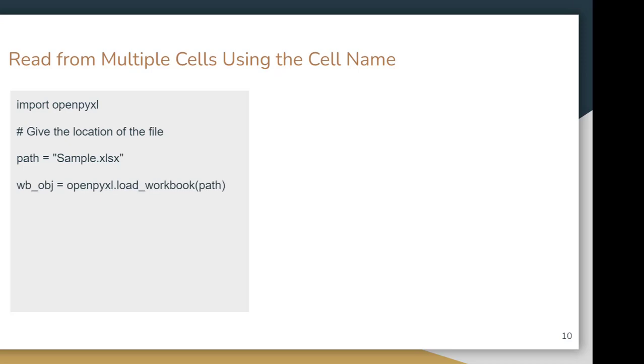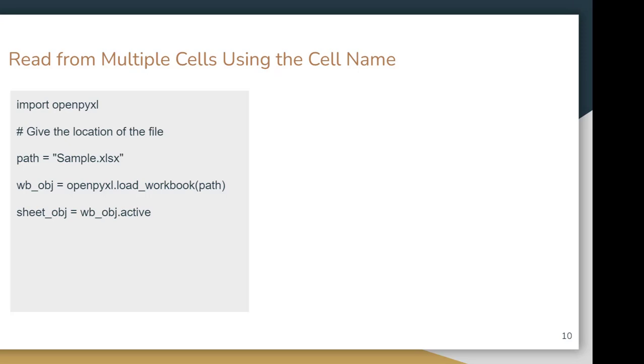wb_obj equals openpyxl.load_workbook, under the first bracket, as a parameter I provide here path. sheet_obj equals wb_obj.active.